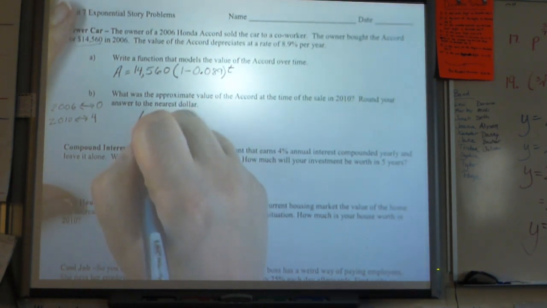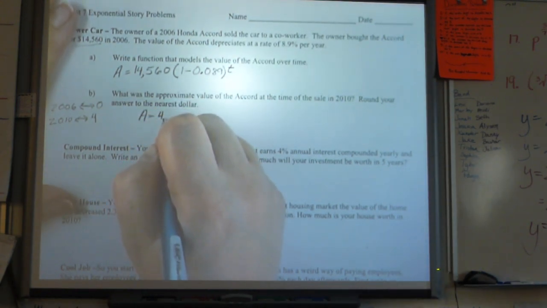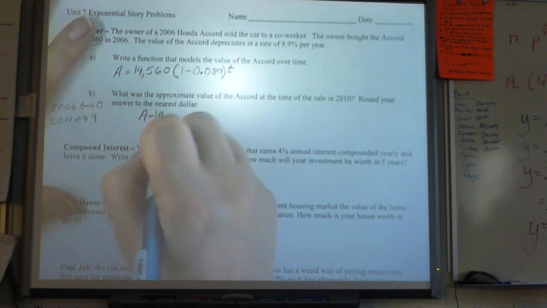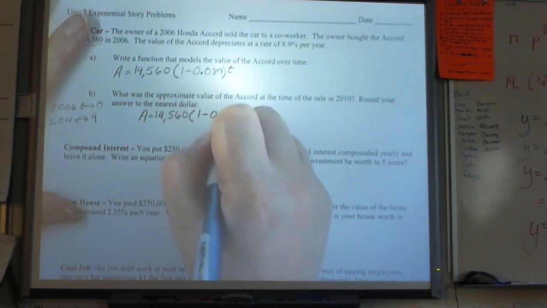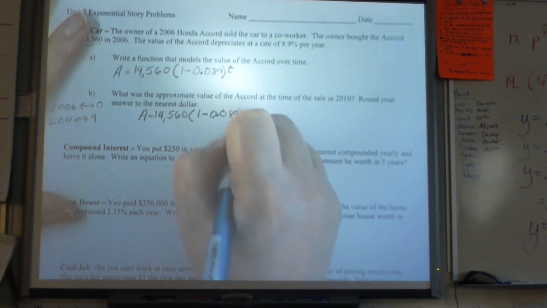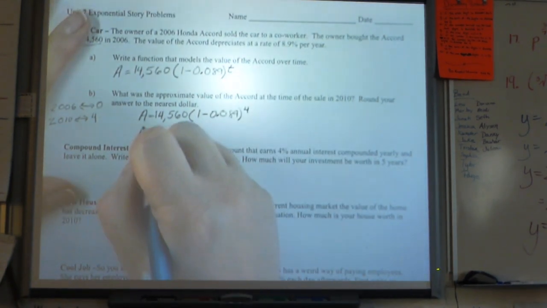So we will have A equals 14,560 times 1 minus 0.089 to the 4th power.